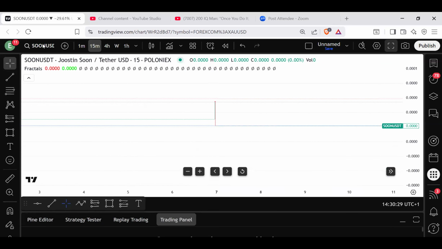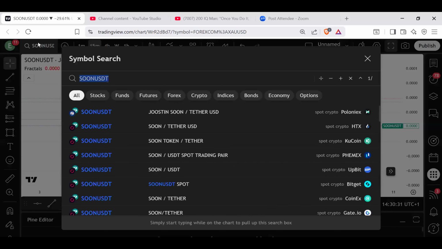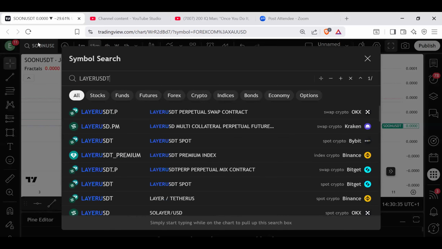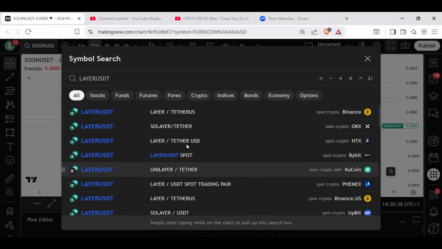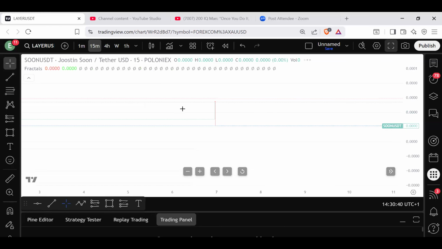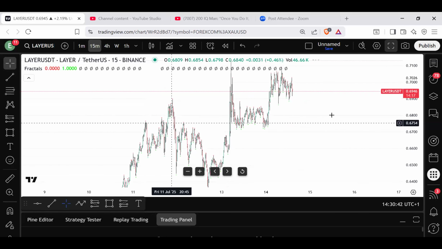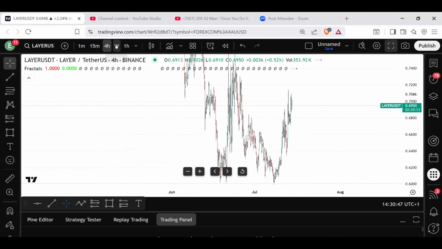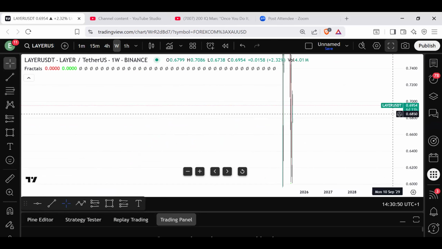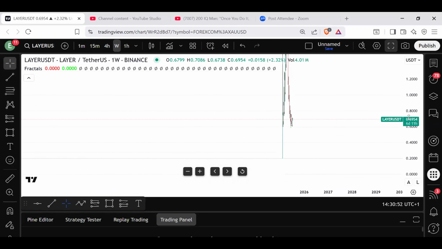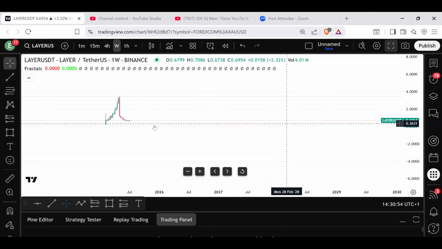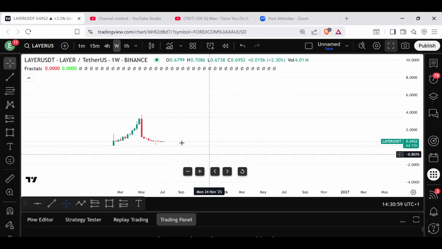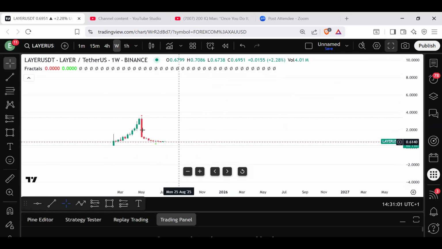Can you see LAYER? Difficult, right? On weekly, it is small.